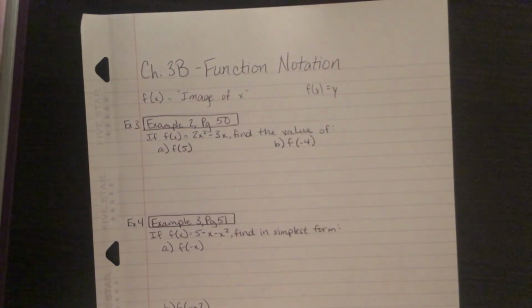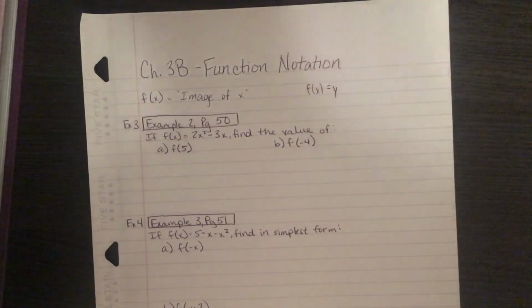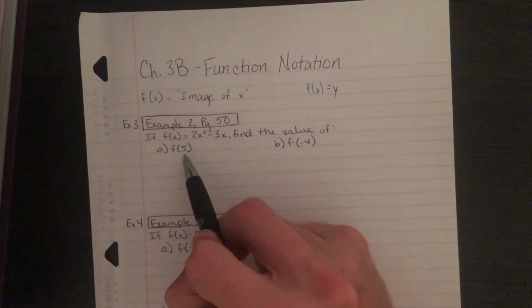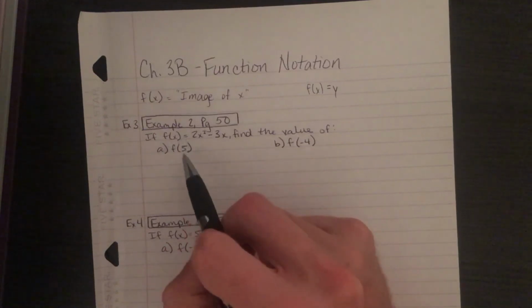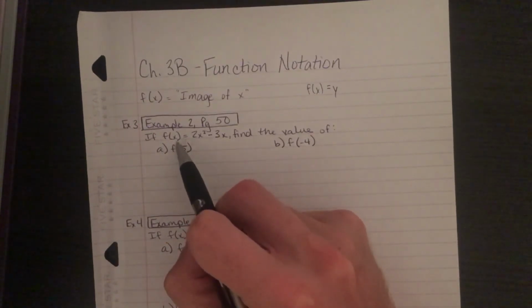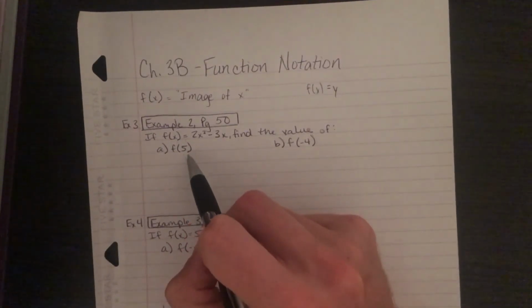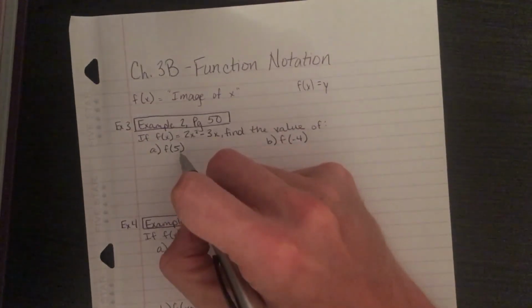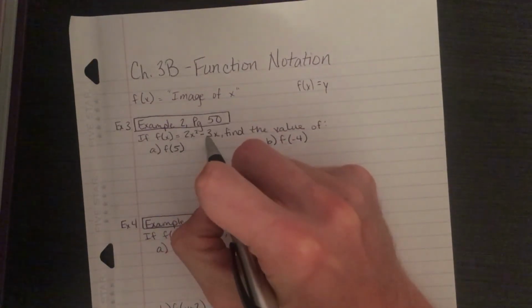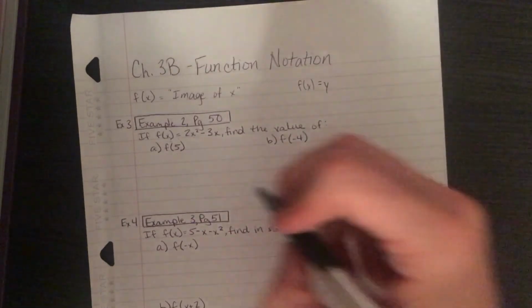So the way that I've always looked at this is, if I want to find f of 5, well, what did we replace x with? We replaced it with that 5 right there. So we're going to replace every x here with those 5s.